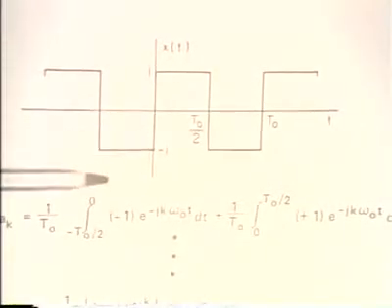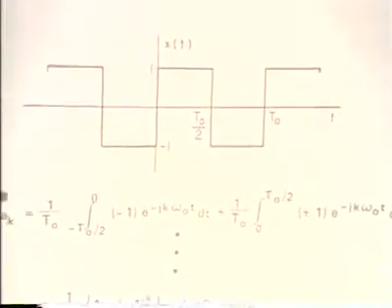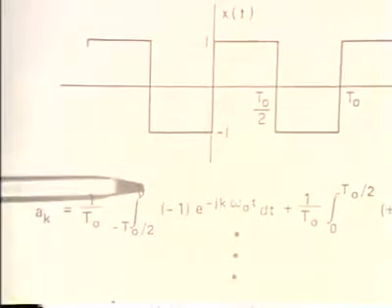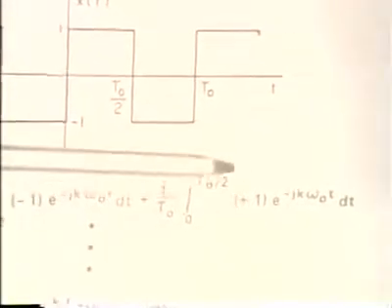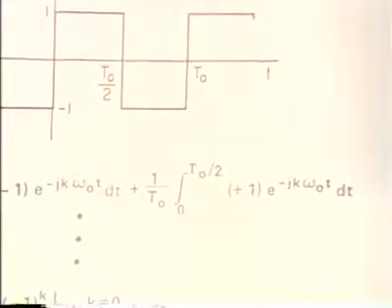So here x of t is minus 1, here x of t is plus 1. And so I've expressed the Fourier series coefficients as this integral from minus t0 over 2 to 0, and then added to that is the positive part of the cycle. And so we have these two integrals.